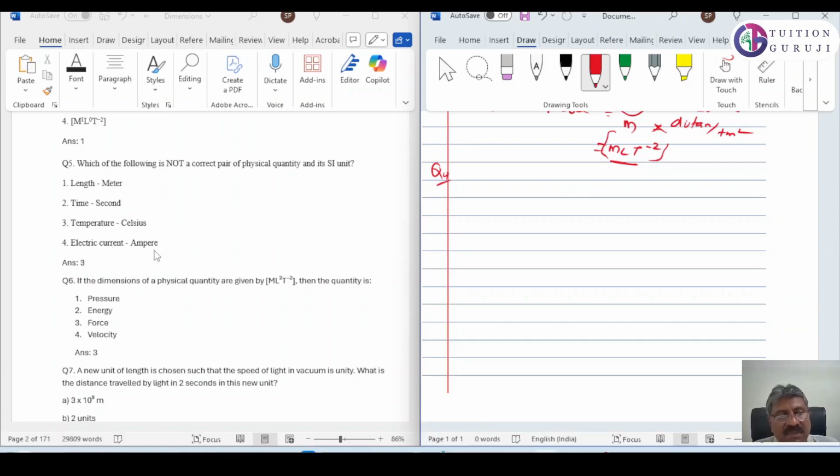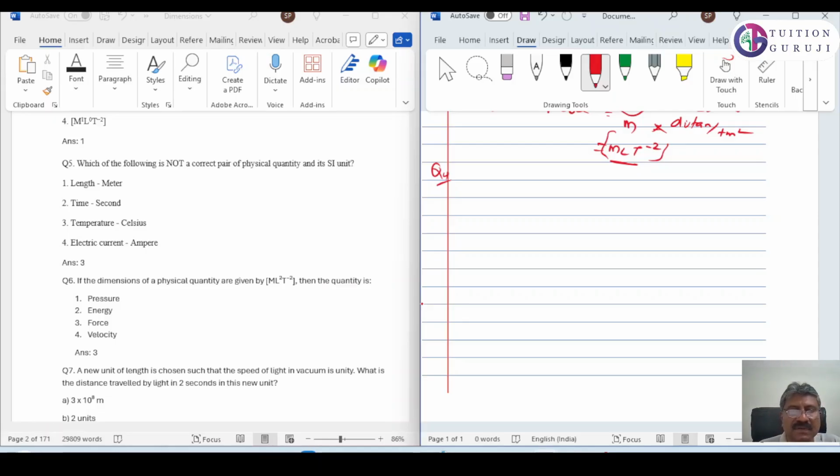And the electric current is ampere, that's correct. Celsius is not an SI unit. So that pair is wrong. So the correct answer is 3.